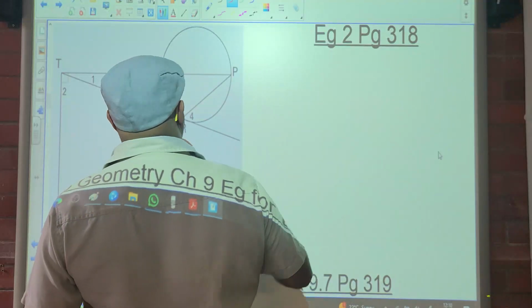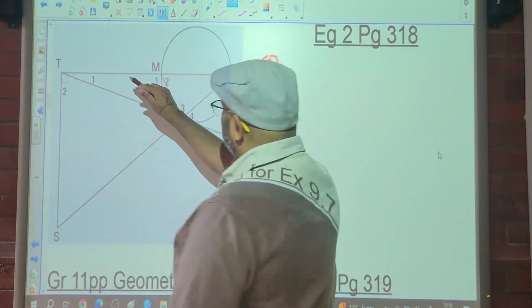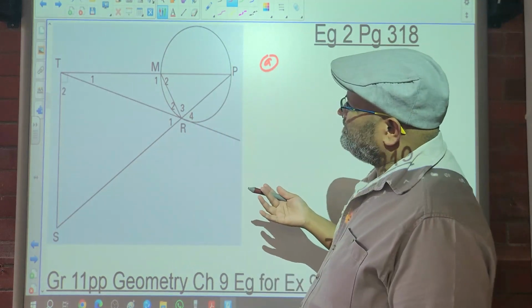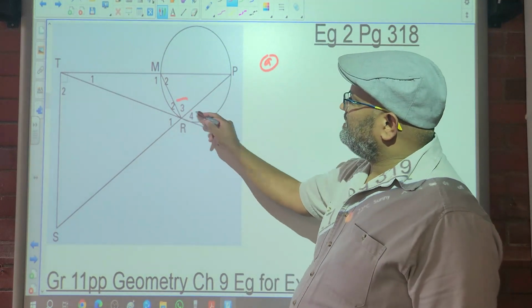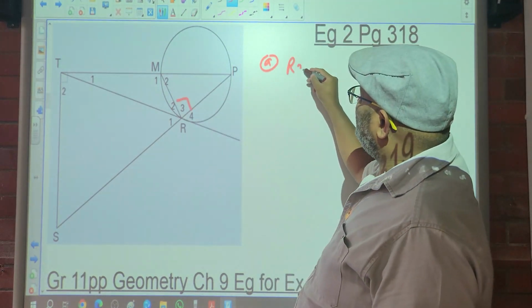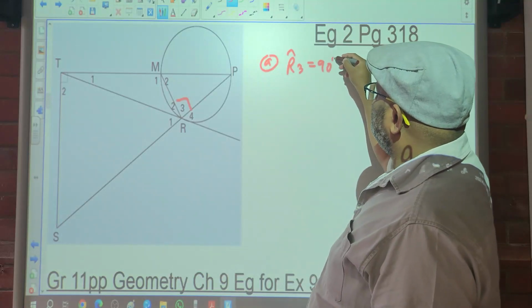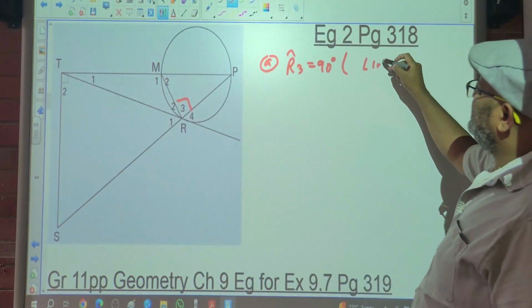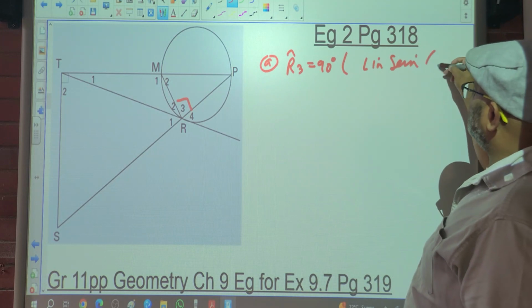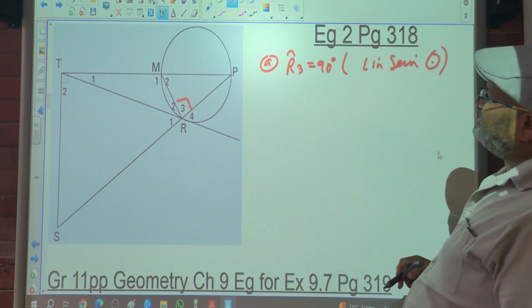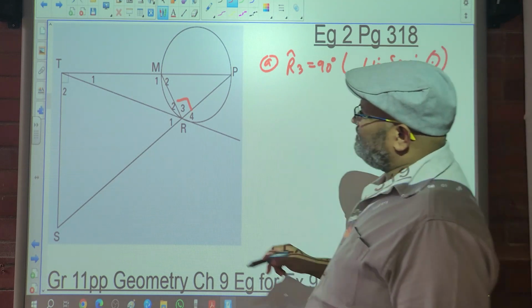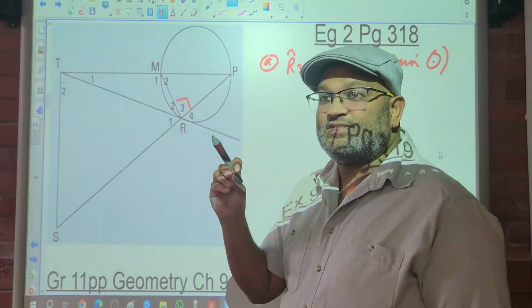So A. You are required to prove that it's a cyclic quad. So where do we start? We need to know that R3 is 90 degrees. Why? Angle in a semicircle. Now we state the obvious, no?